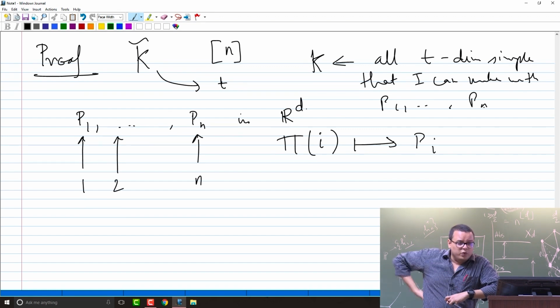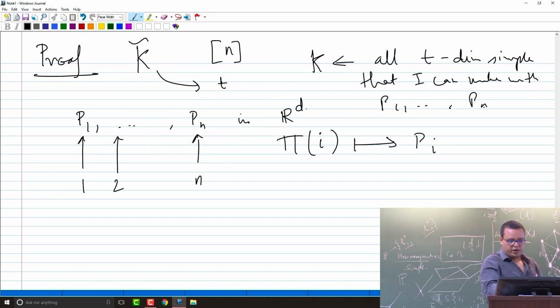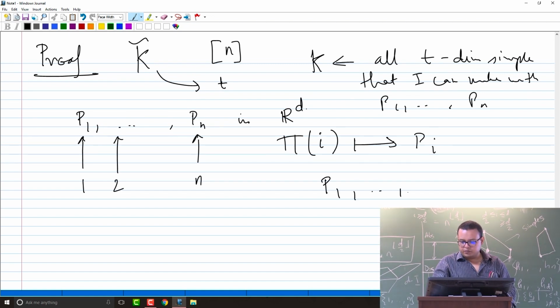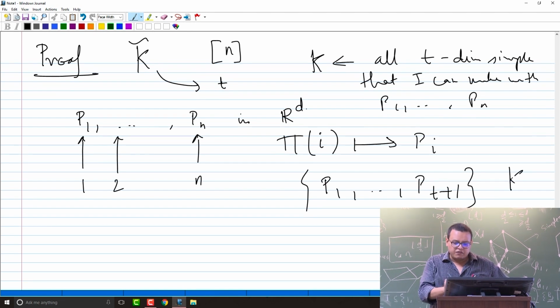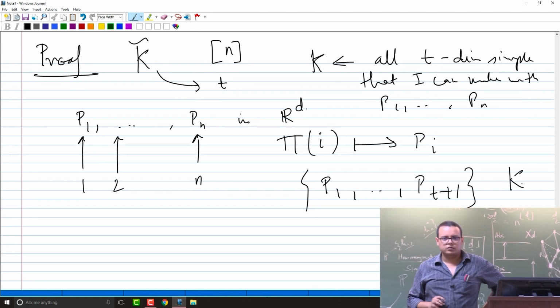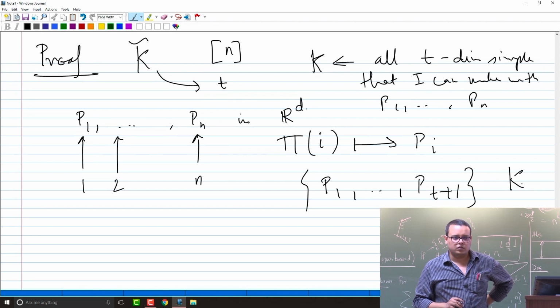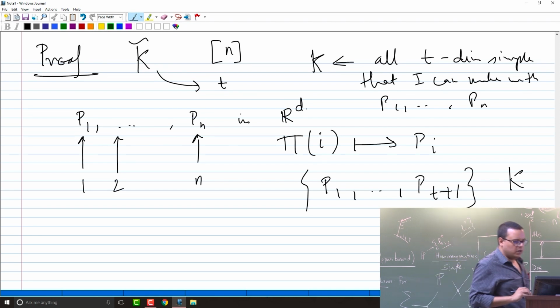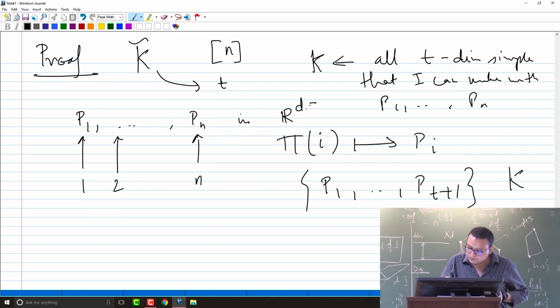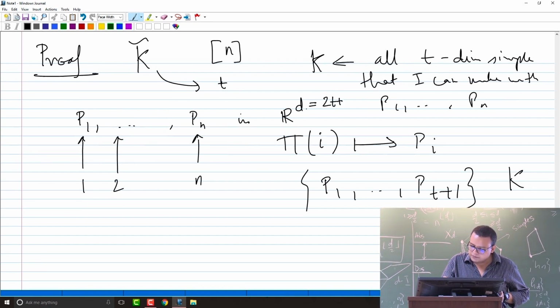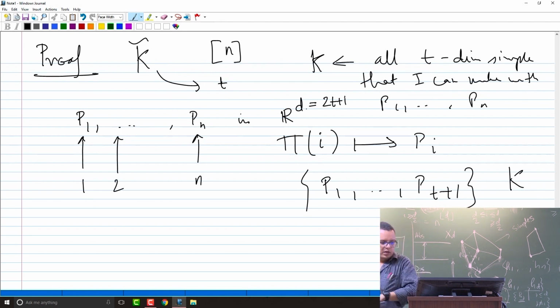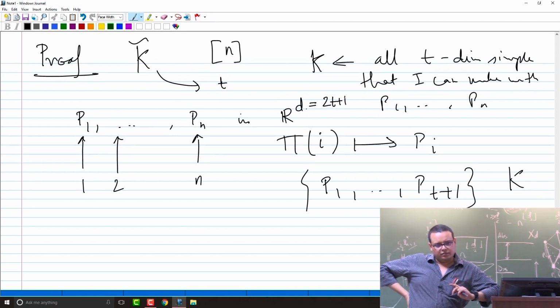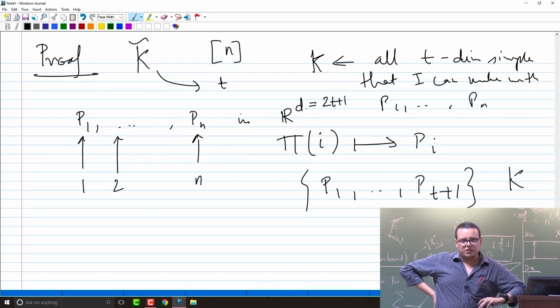So if I take, let us say, first P1 to P(t plus 1), this will be a T simplex in K. Is it a valid simplex first? D here is 2t plus 1, sorry. So let us say I take P1 to P(t plus 1).